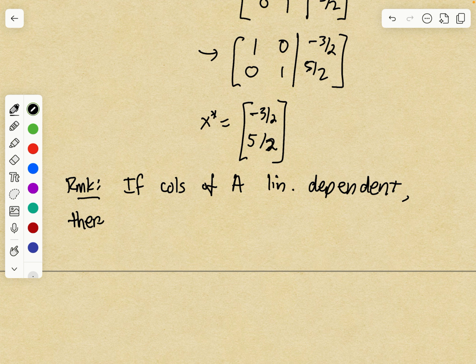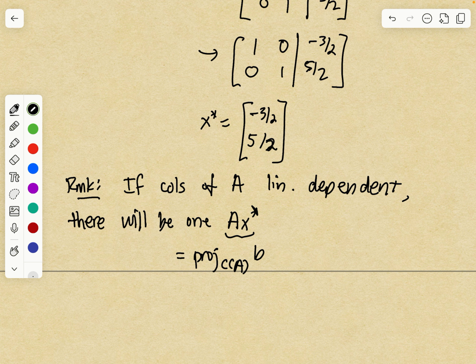There will be one AX star, because this was the projection of B onto the column space of A. But since A has linearly dependent columns, there's going to be lots of different x stars that give you the same AX star. You're solving the system AX equals the projection of B onto C of A.